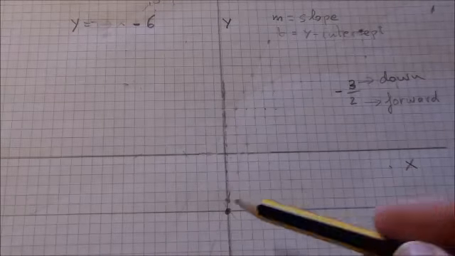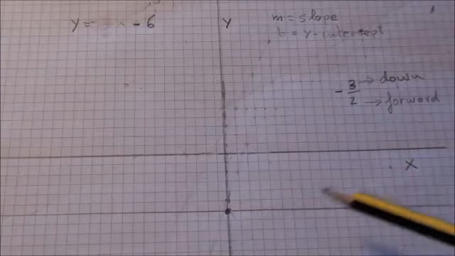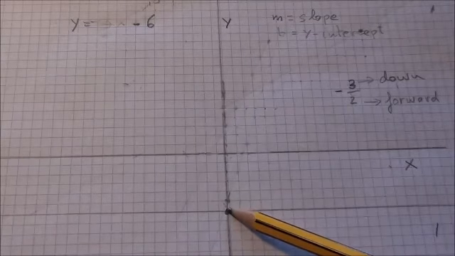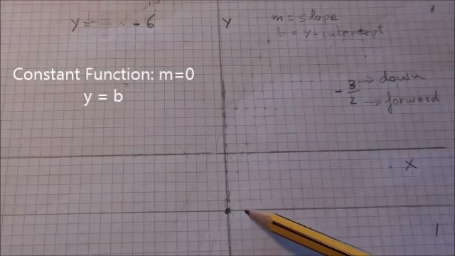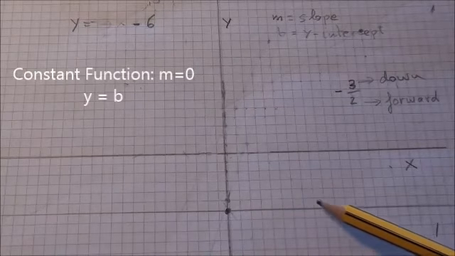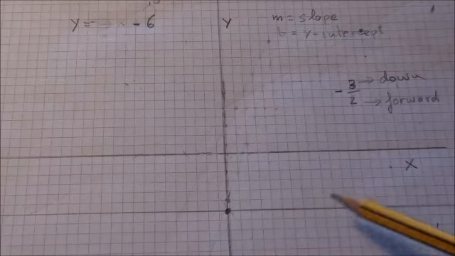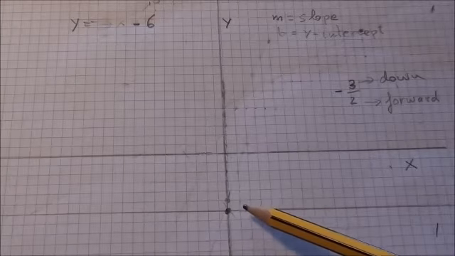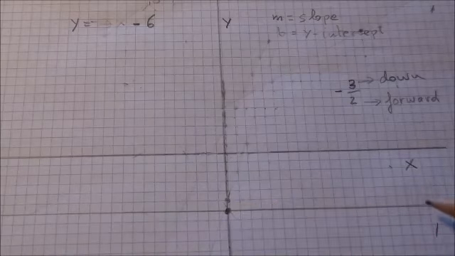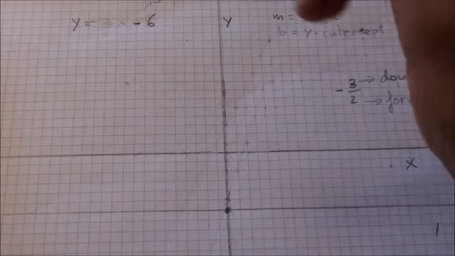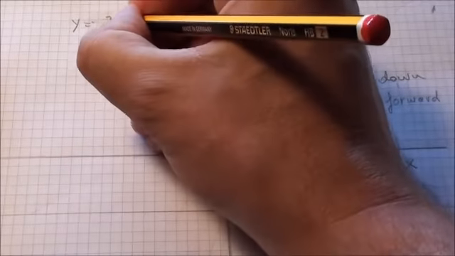Right, that is a constant function, a flat line that hits at -6, because the slope is 0, so no matter how far we go along the x-axis in this direction, the line doesn't go up or down, it stays flat.